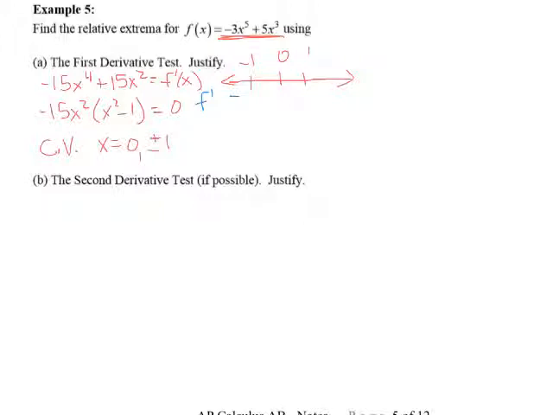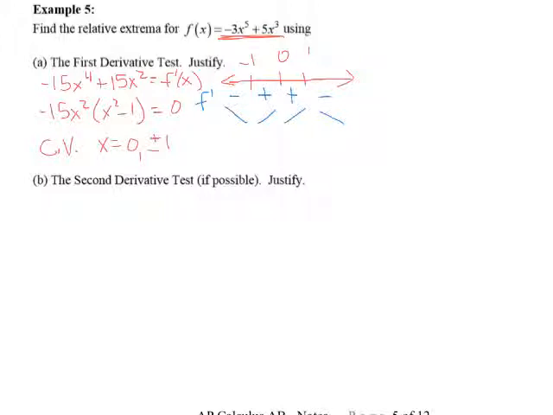Plug in 0.5 and we'll get a positive answer for both negative 0.5 and positive 0.5. Then finally plug in something like 2 and we find that this is negative. So we have a function that's decreasing, increasing, increasing, decreasing.